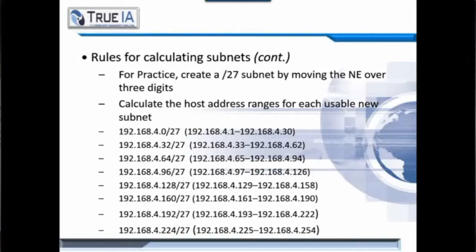This is an important concept for you to get your head around, so let's do a little more practice. We're going to create a /27 subnet. We do this by first moving the network extension over 3 digits.